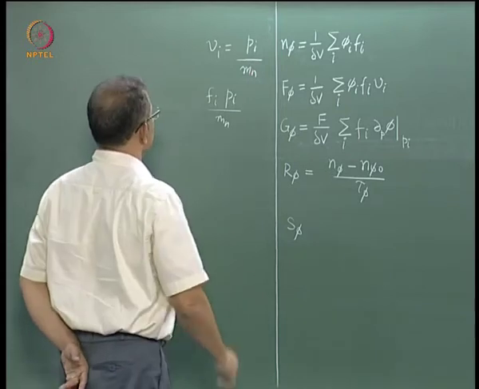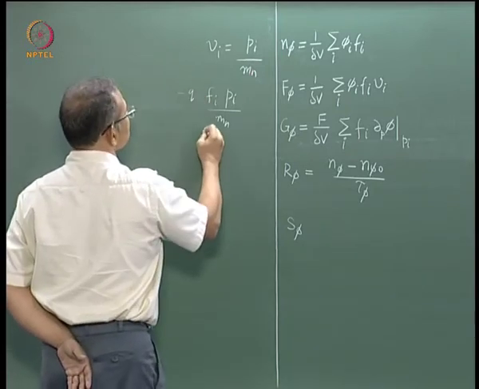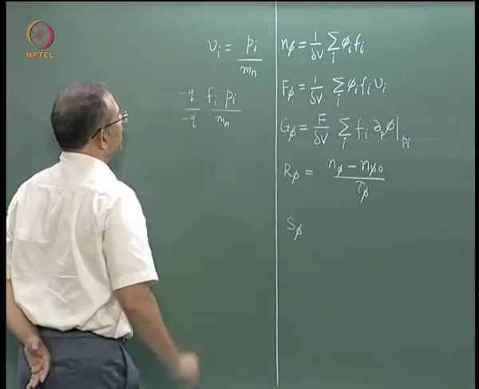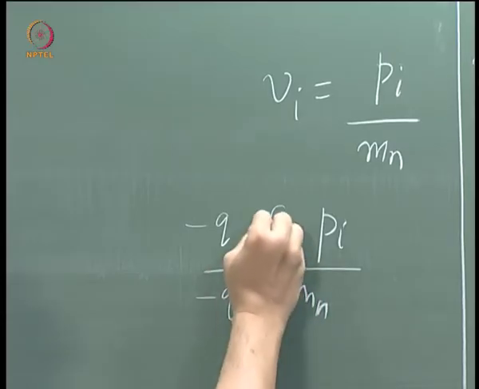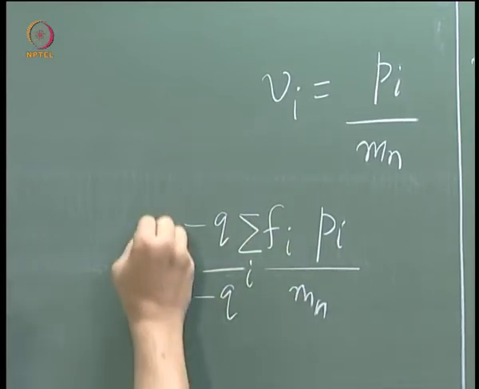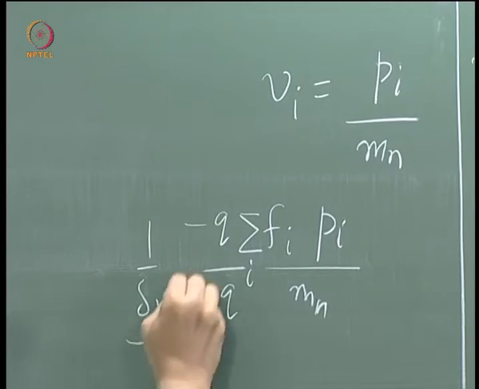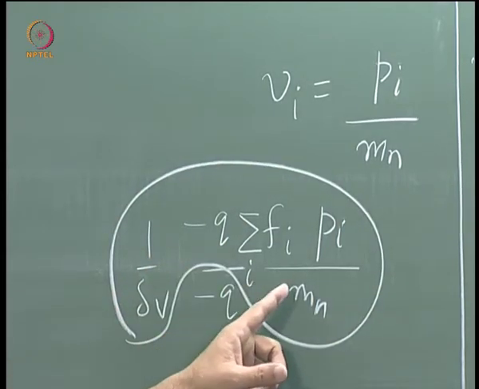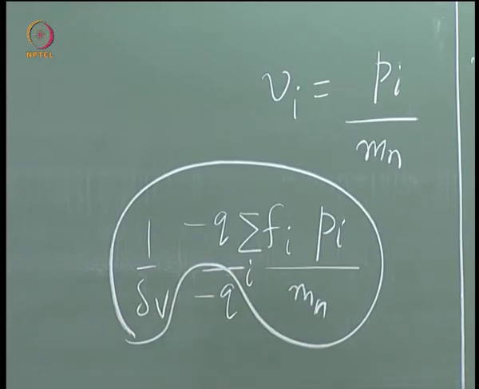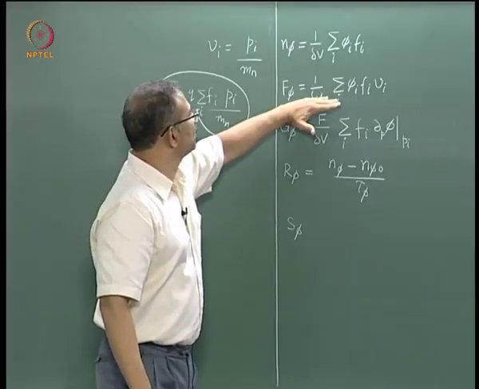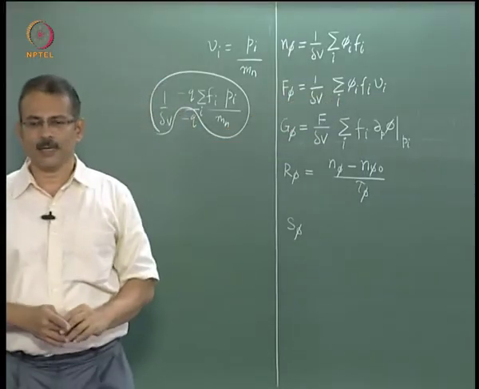So if I multiply it by minus q, and divide by minus q, then you can recognize that summing over all I and dividing by delta V, this was the formula for Jn we have derived in the previous lecture, and therefore you can recognize this to be minus Jn by q.